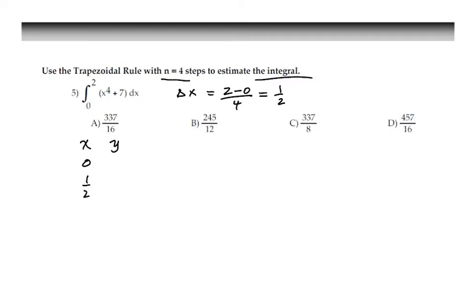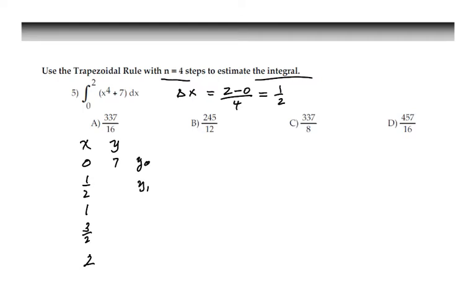So starting out with our x's and y's, we get 0, 1/2, 1, 3/2, and 2. And the value of y for x equals 0 would be 7, and that would be y0.